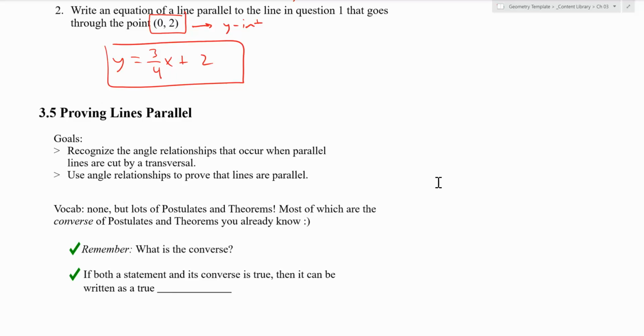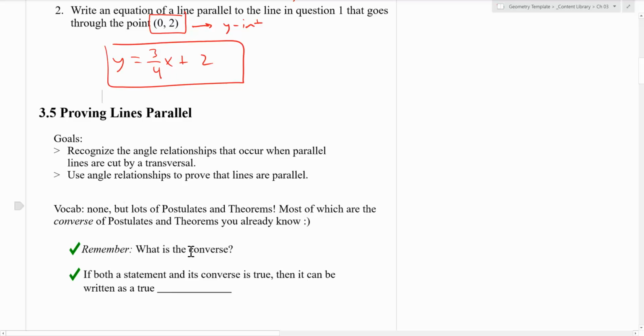In this lesson, we're given that the angles are congruent or supplementary, and then using converse theorems we show that lines are parallel. So recognize the angle relationships that occur when parallel lines are cut by a transversal, and use angle relationships to prove that the lines are parallel.